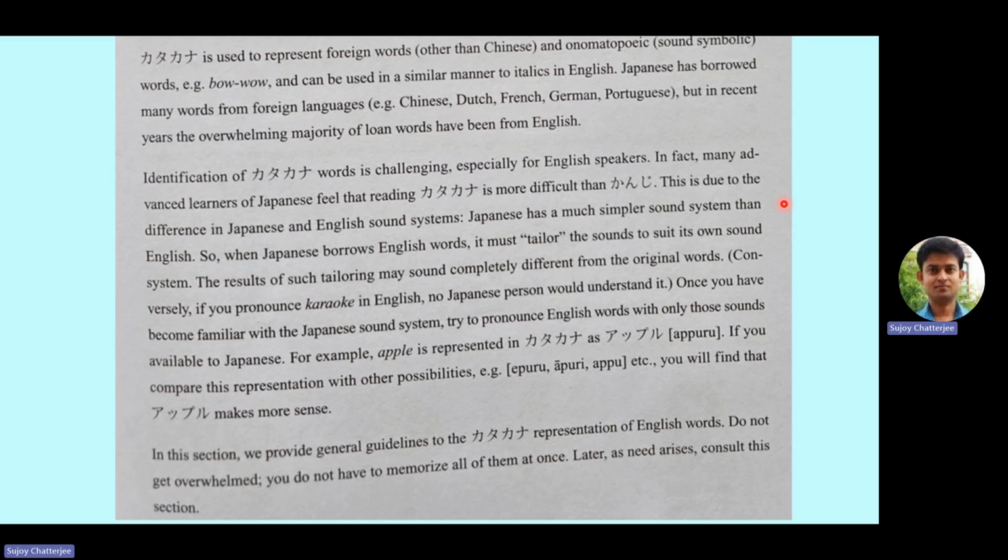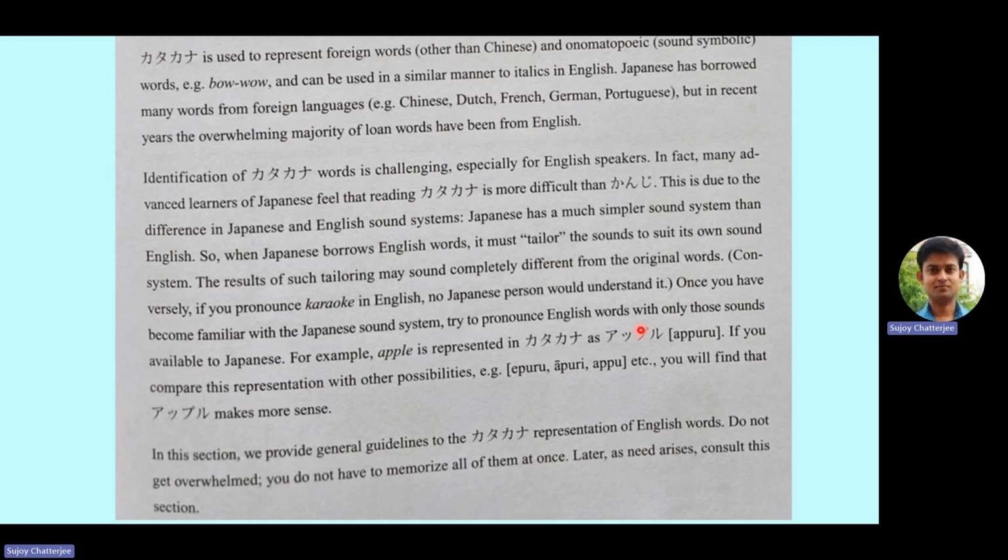Once you have become familiar with the Japanese sound system, try to pronounce English words with only those sounds available to Japanese. For example, apple. Apple, you see here, none of the sounds are present in Japanese. So in Japanese, it will be represented as appuru.